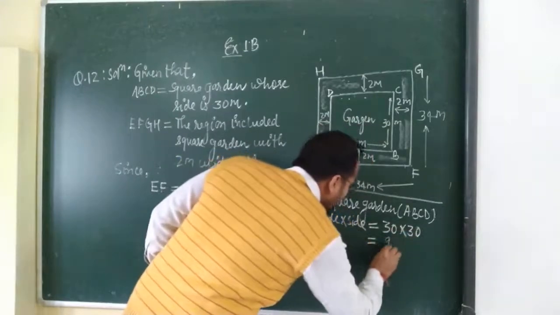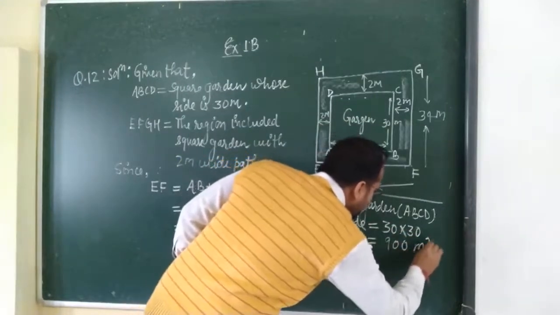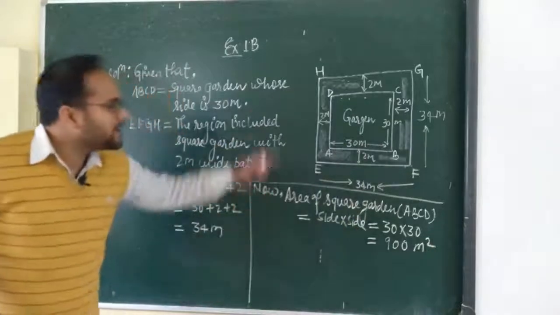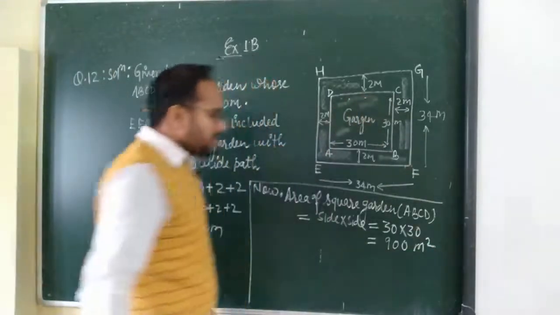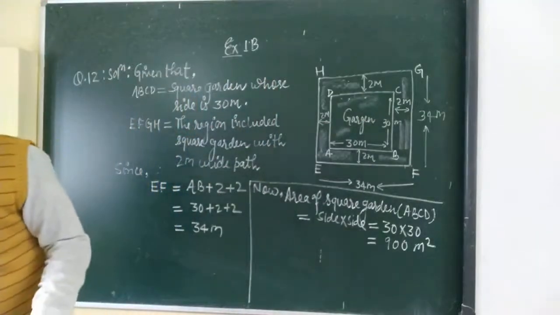You will get 900 meter square, the area of the square garden, the area of this portion.